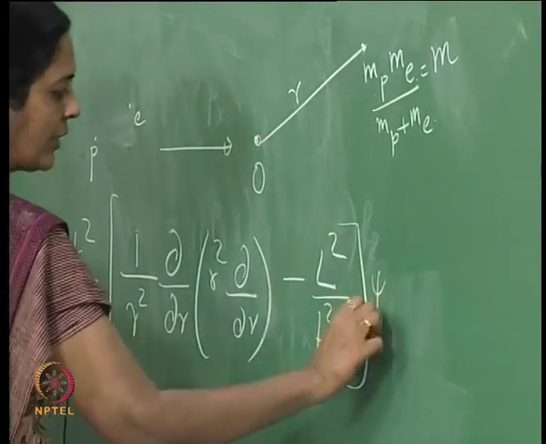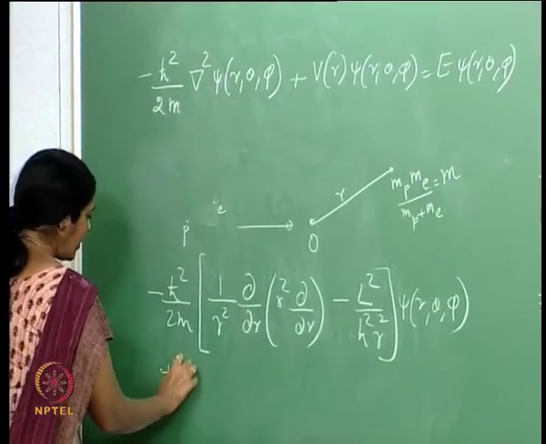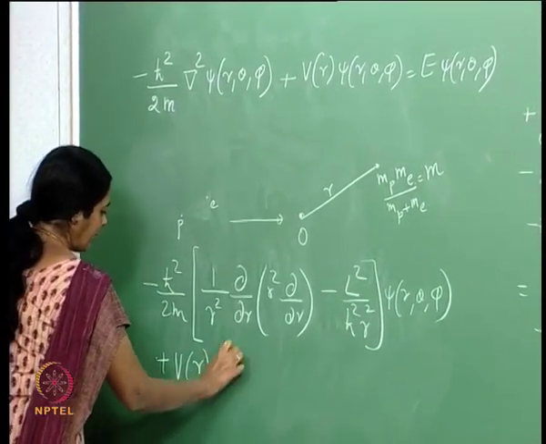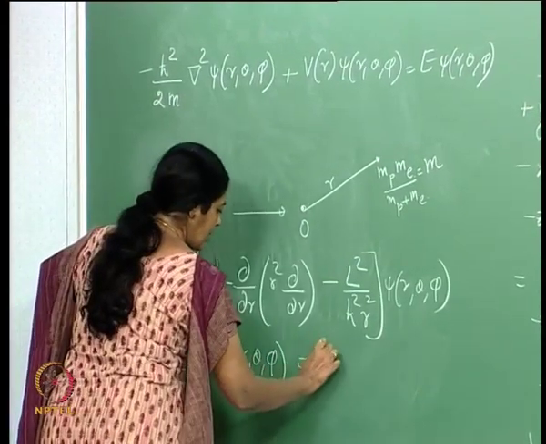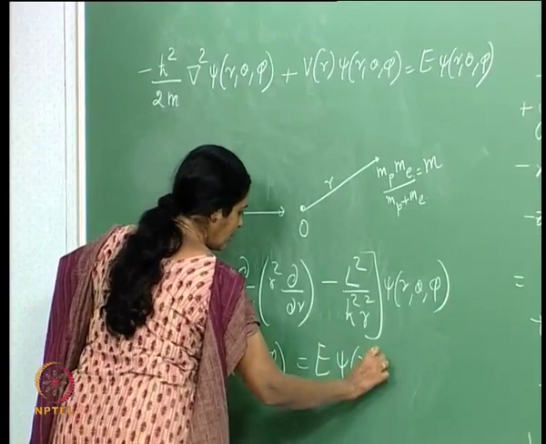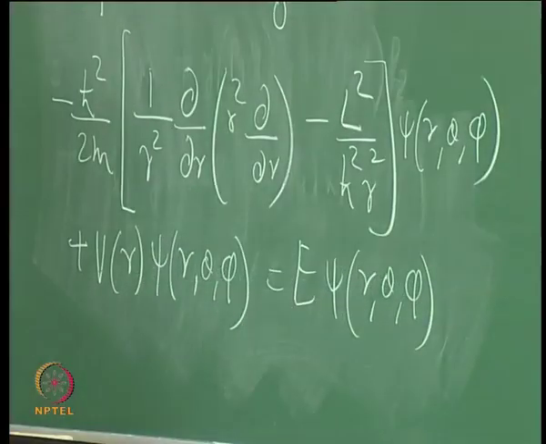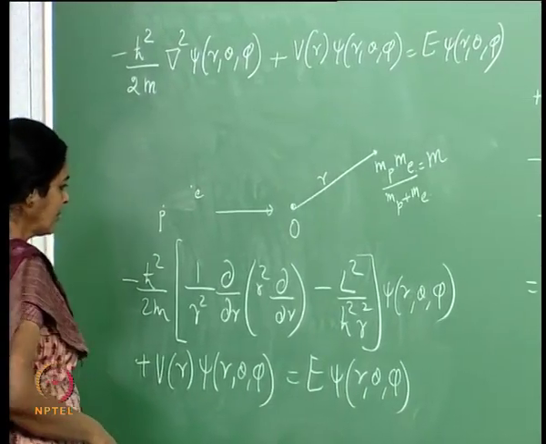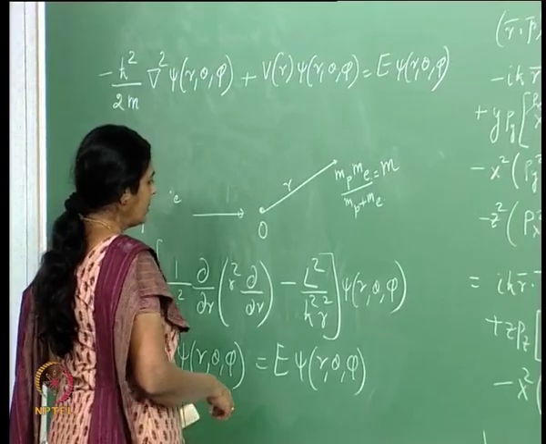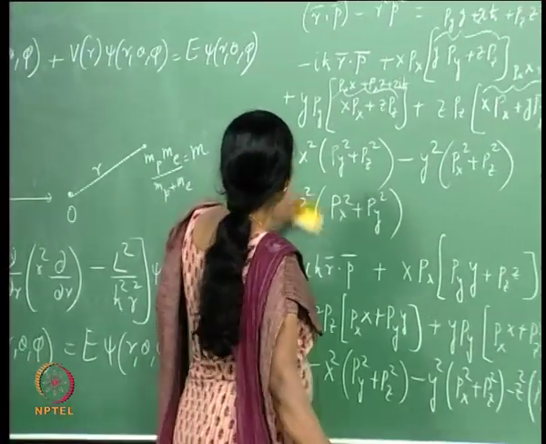This acts on psi of r theta phi plus v of r psi of r theta phi is equal to E psi of r theta phi. This is the eigenvalue problem that I am out to solve. It is now clear what del squared is, what L squared is.